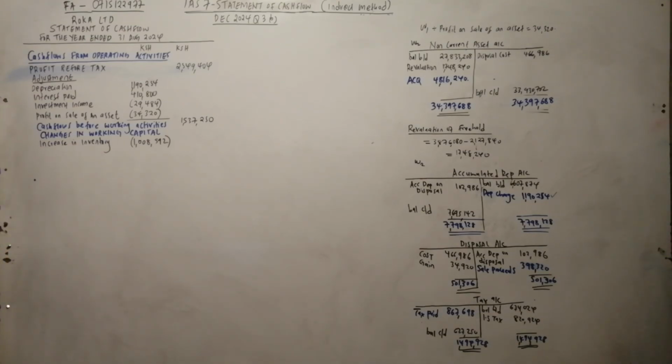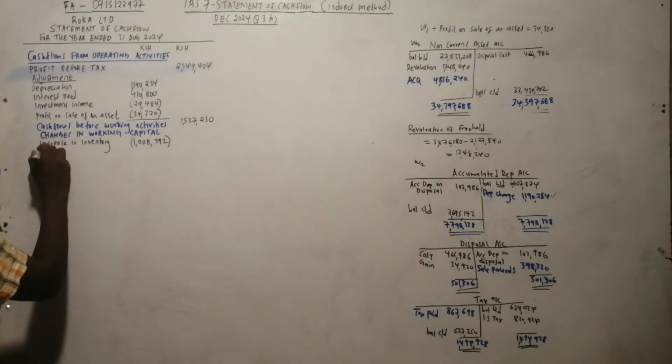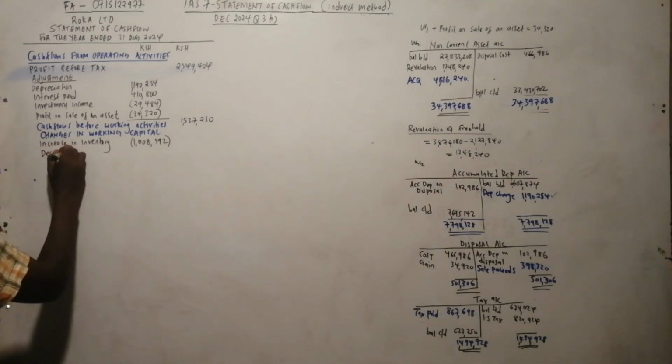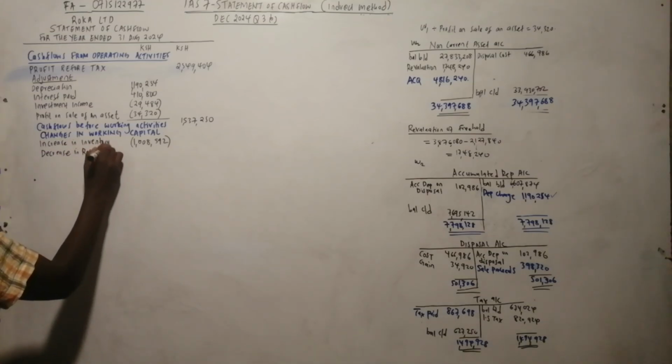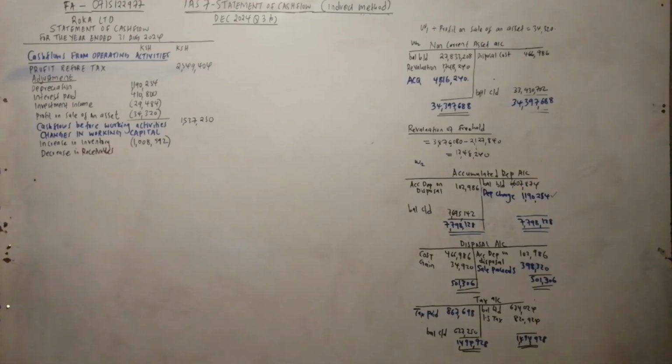We go to receivables. Now we have a decrease in receivables. Receivables ilikuwa 4 million, ikakuja 2 million. Decrease in receivables. When you have a decrease in receivables, that means money is coming in. Someone has paid us. That one is an inflow, so we add. So when you have a decrease, we add.